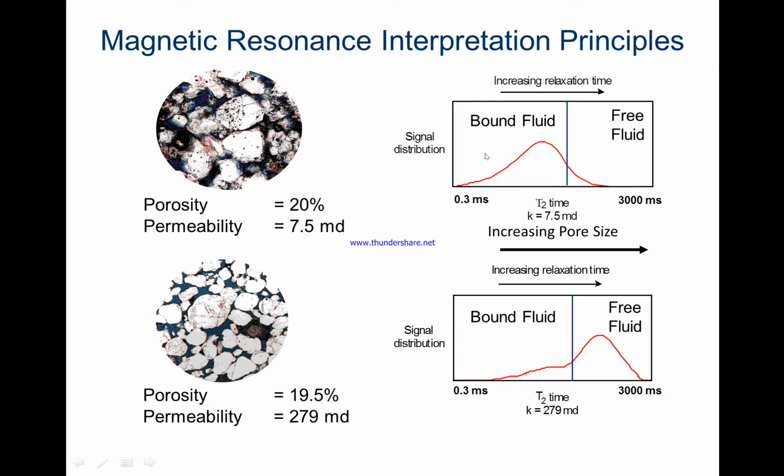Because we have very low permeability in the first, you will see a very fast decay before the T2 cutoff on the left-hand side, but for the second rock you see a very late decay on the right-hand side. That means whenever you have good permeability, you have late decay; with small permeability, you will have early decay, although we have the same porosity.